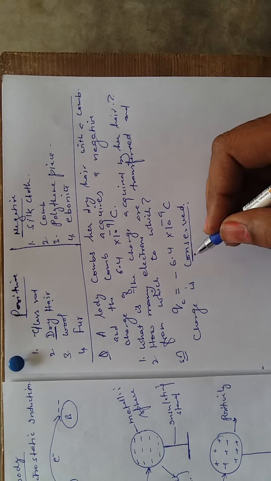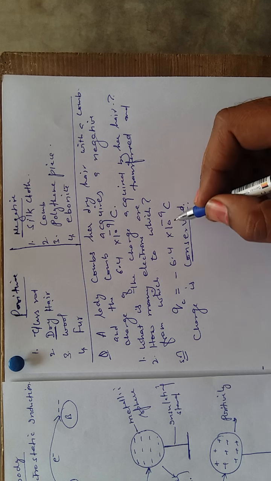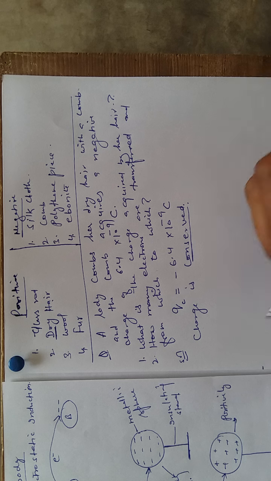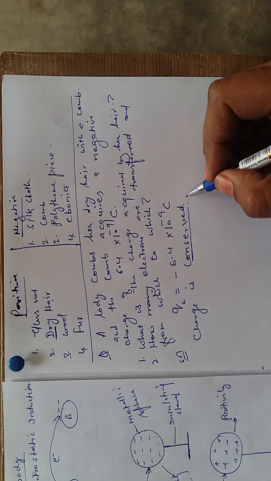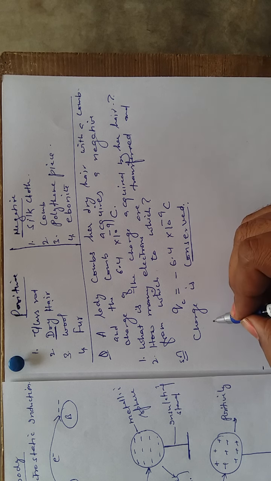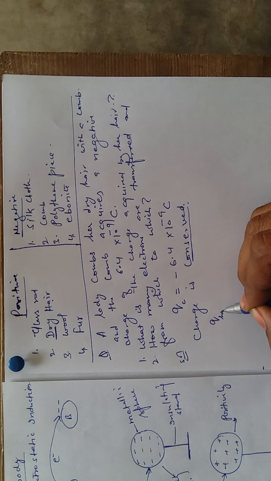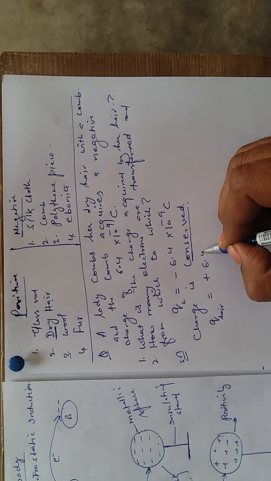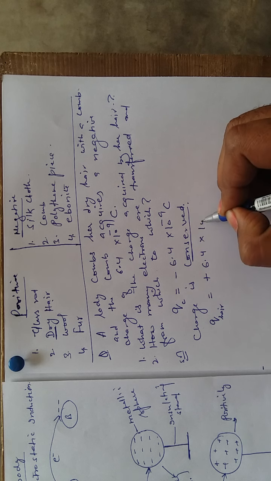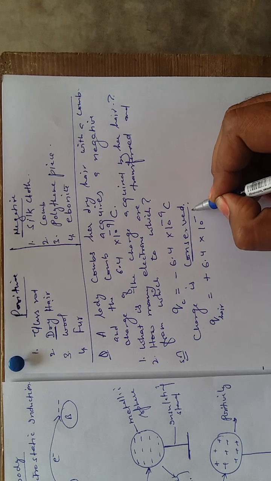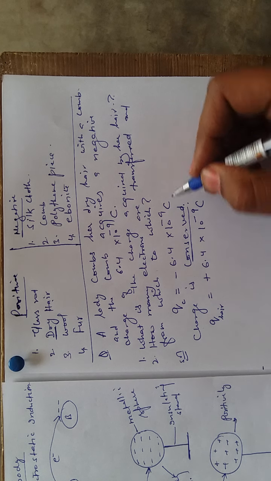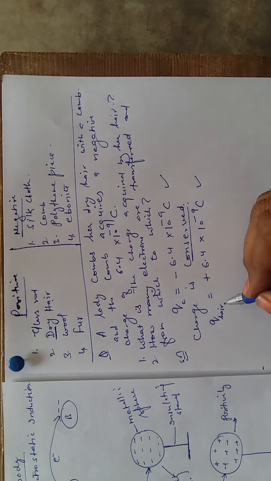But when we rub a comb with dry hair, the comb acquires a negative charge of this much and we cannot create a charge. So to follow the conservation of charge, the hair of the lady will acquire an equal amount of positive charge, so that total charge even after rubbing remains 0, right? So if the comb acquires a negative charge of this much, then the dry hair of the lady will acquire a positive charge of equal amount.